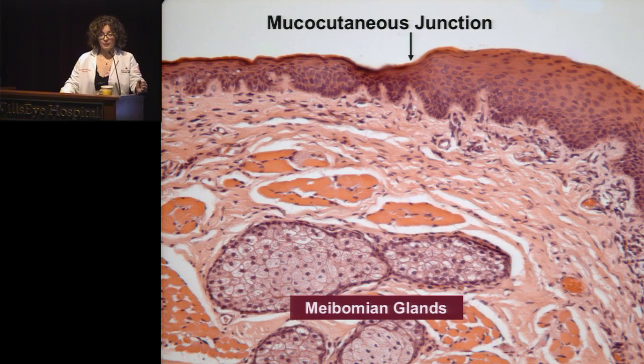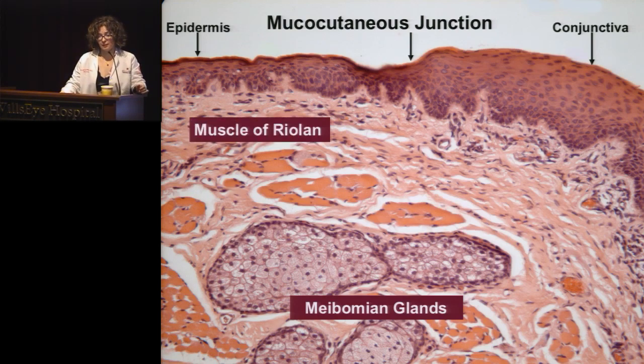So at the mucocutaneous junction, you have transitioned from the non-keratinizing epithelium of conjunctiva, which is a mucous membrane, to the keratinizing epithelium or epidermis. And whenever there is any kind of malposition of the eyelid, such as ectropion or entropion, you're going to see posterior displacement of the mucocutaneous junction. So basically, you have reactive keratinization, and you can appreciate that both clinically and also histopathologically.